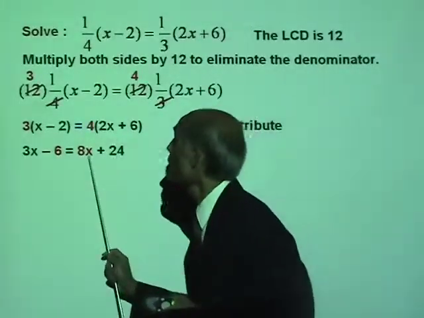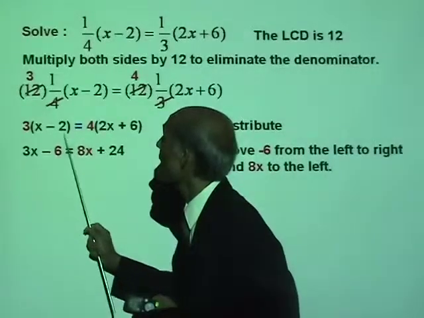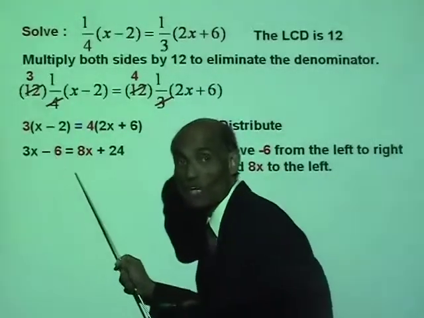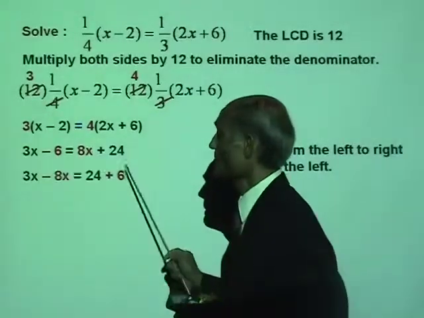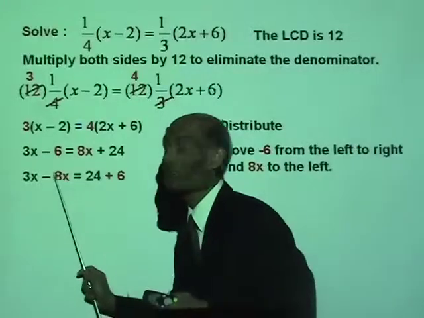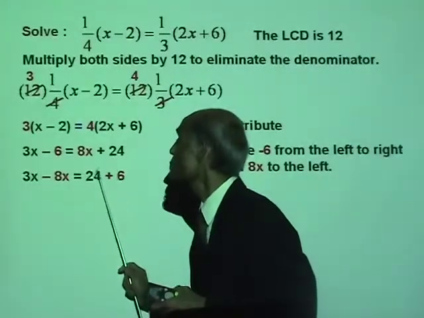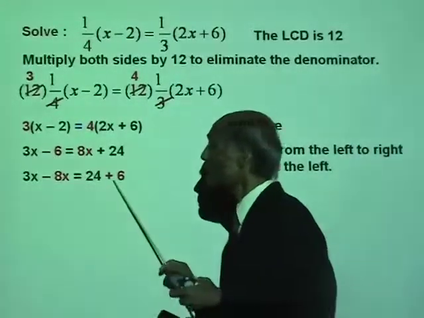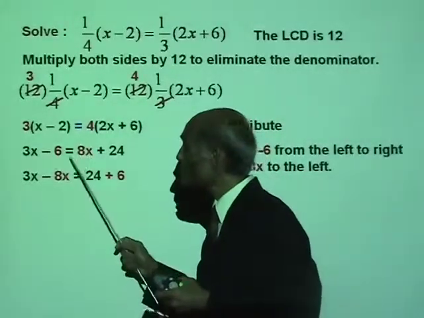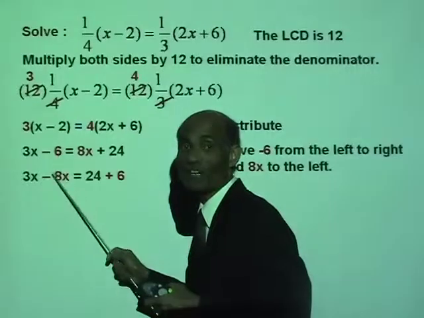Next, move the 8x from the right to the left and the negative 6 from the left to the right. You get 3x minus 8x equal to 24 plus 6. Is that right? 8x moving from the right to the left becomes minus 8x.